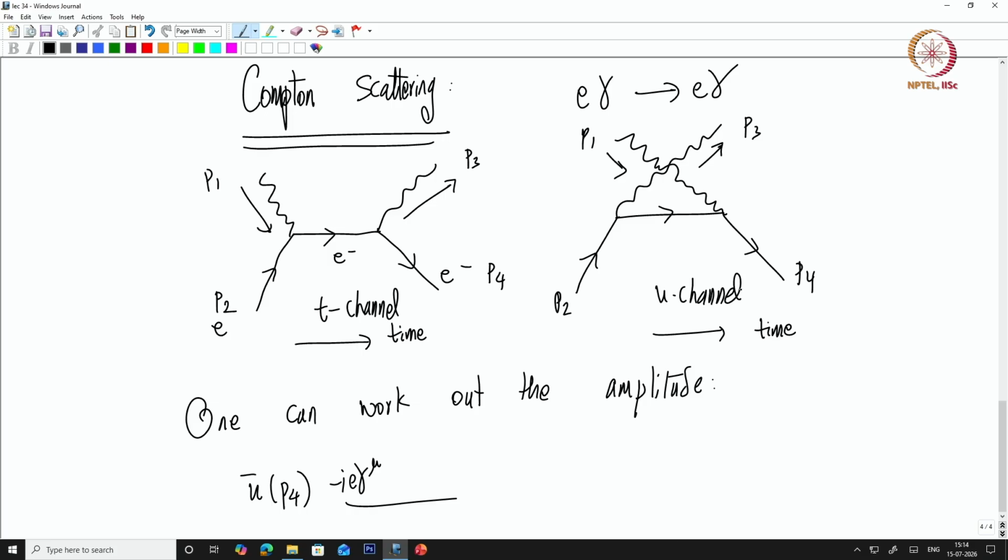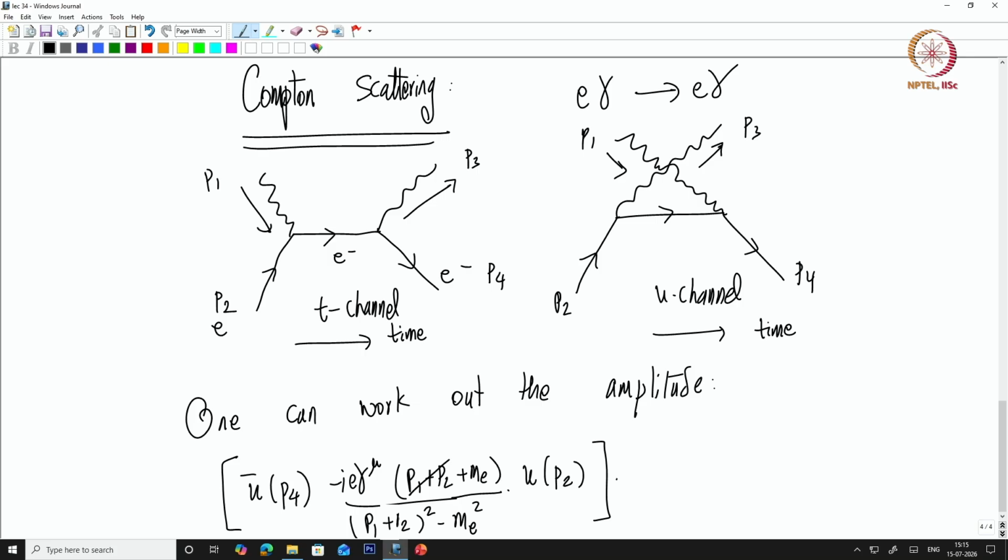So, the momentum exchange would be P1 minus P2 squared, and the propagator is P1 minus P2 slashed plus m_e on the numerator, over P1 minus P2 squared minus m_e squared, and then u of P2. Then this covers the entire lower part.